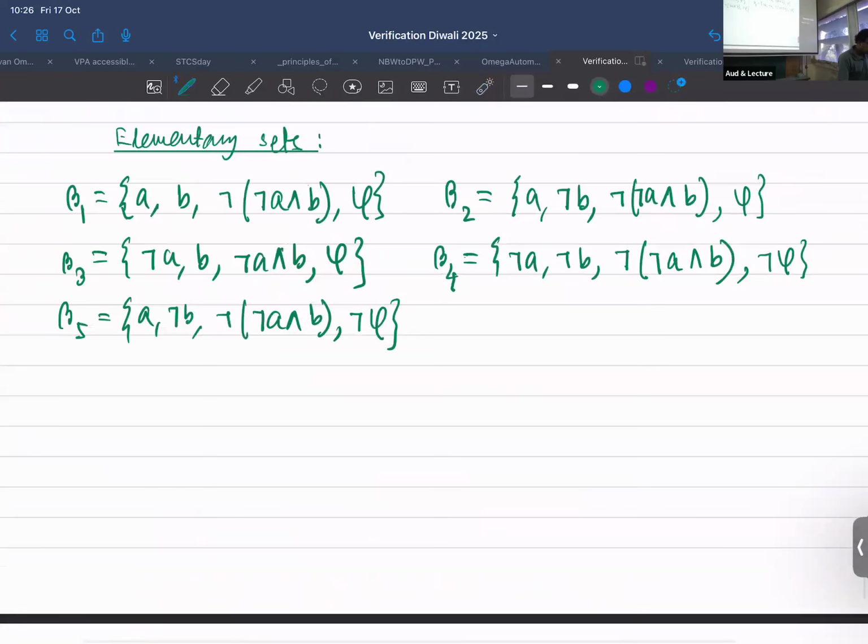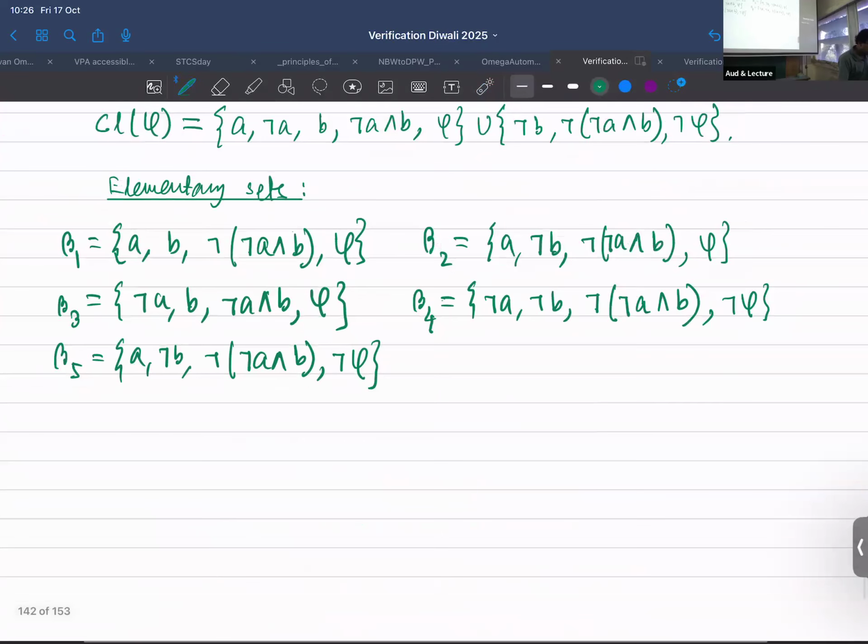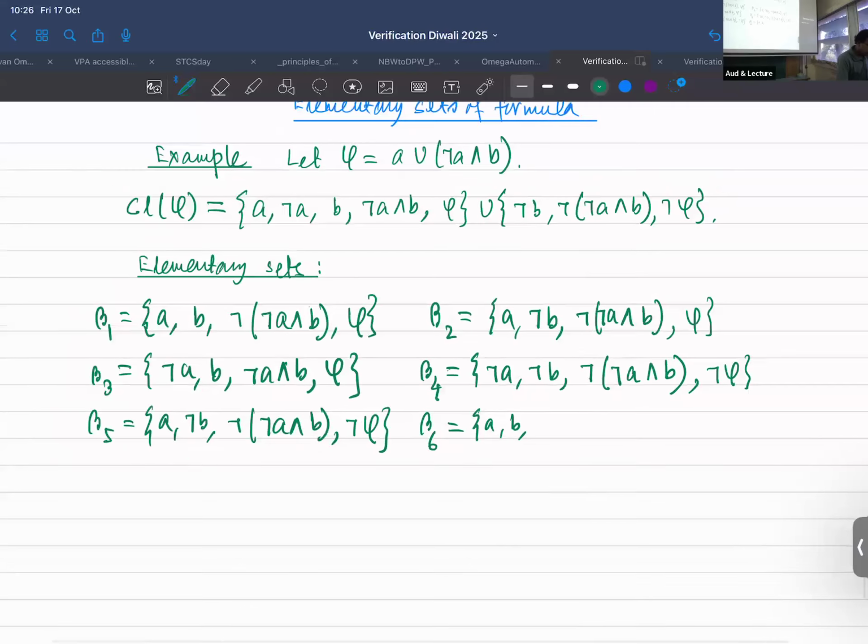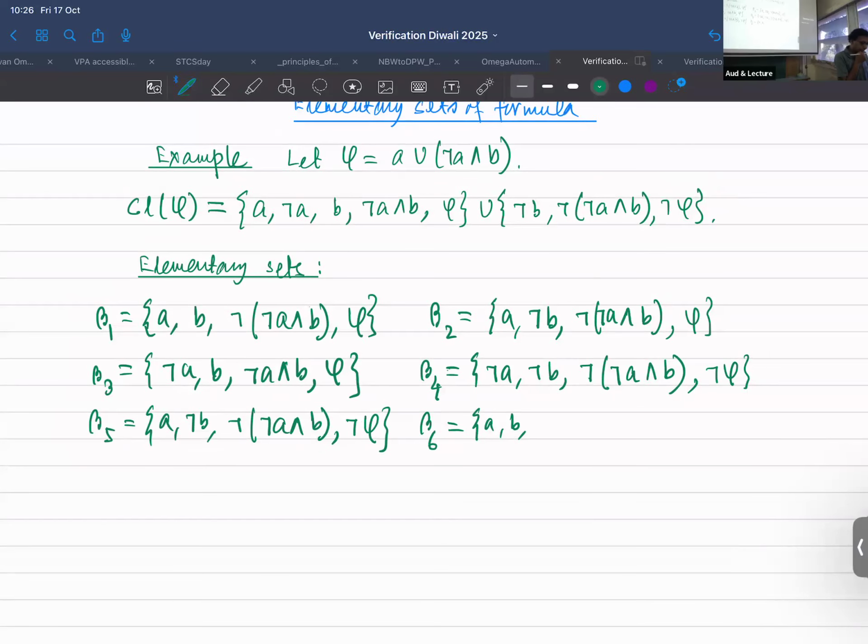And there can be one more, which is like A, B, and so if A and B, then I'm still having, it is not the case that A and B, and I can still have negation of phi.